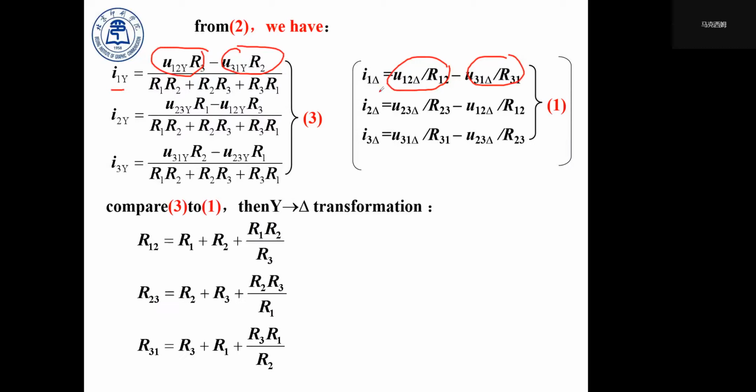Then, comparing them, we can reach the conclusion that R12 equals R1 plus R2 plus the product of R1 R2 over R3, and so on and so forth. It's very easy to remember.